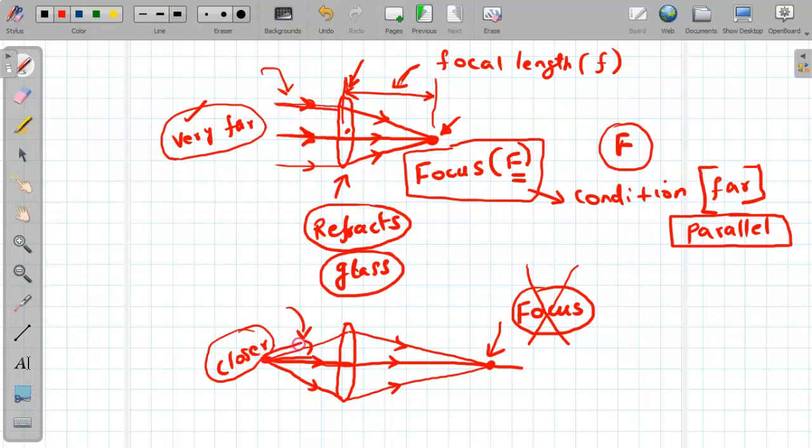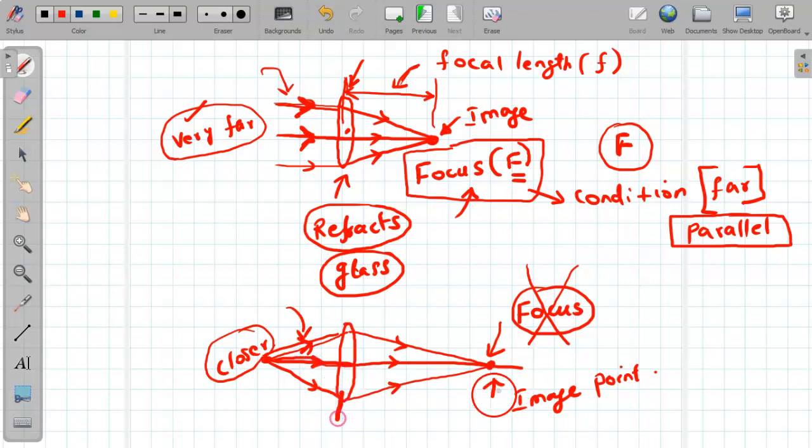Now here is the divergent beam, so this will not be a focus. We say it is the image point; the image is created at this point. Since it is a parallel beam, we call it the principal focus. As it is not a parallel beam, we just say it is the image point.